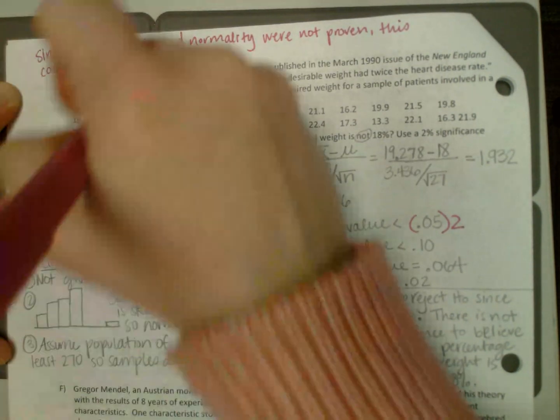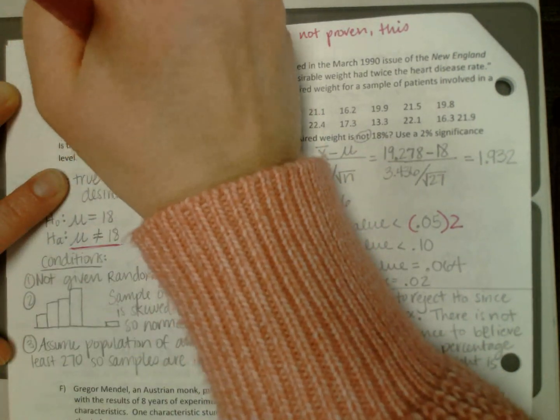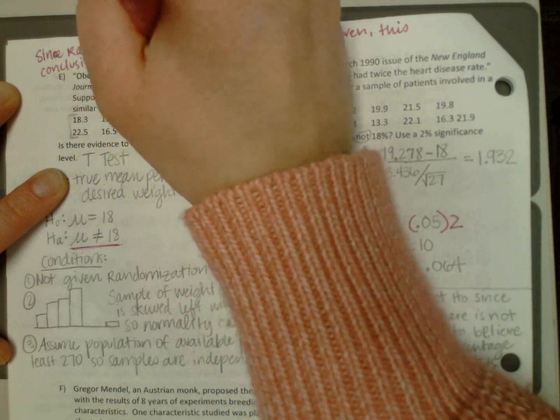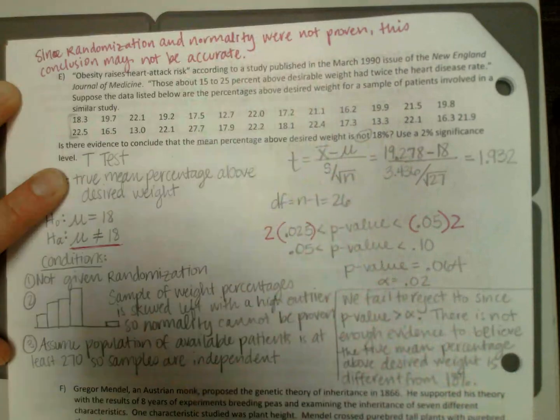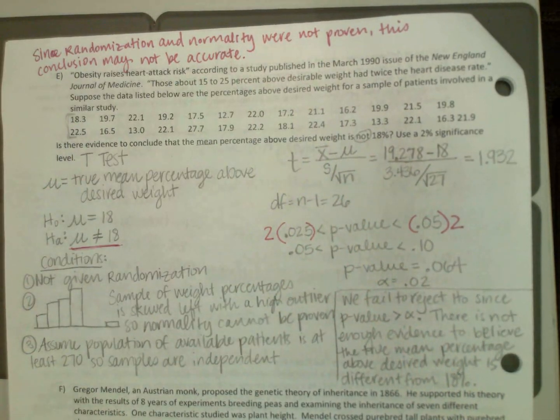This conclusion may not be accurate. Remember, that's just our disclaimer saying I needed to check these things ahead of time, and I did, but they weren't able to be checked.